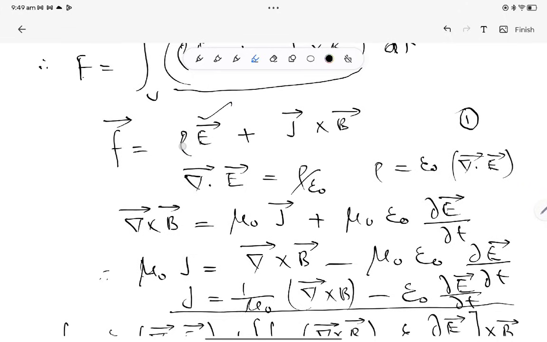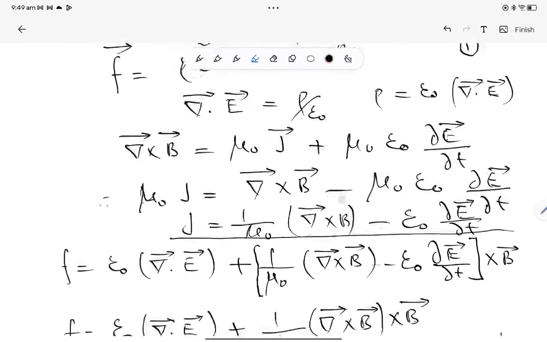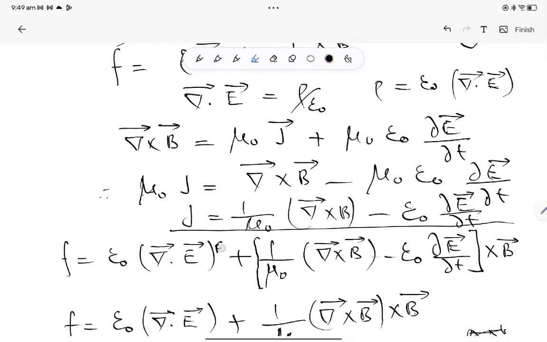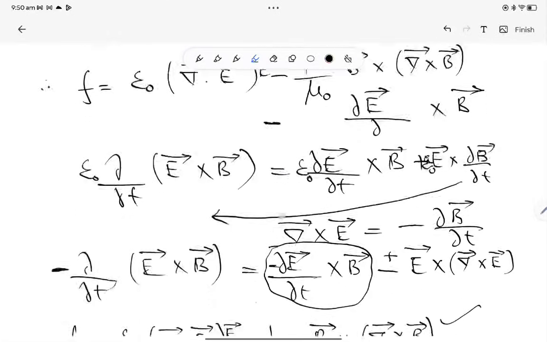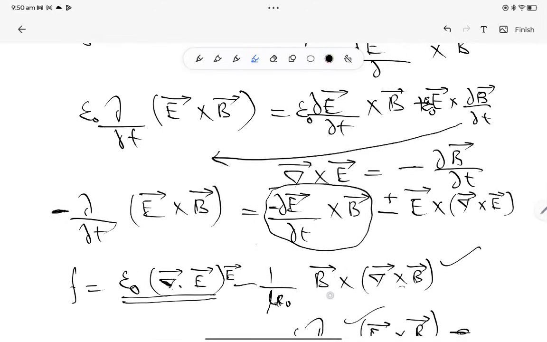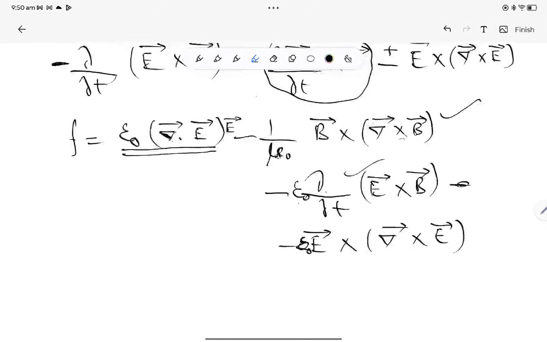You have to substitute in place of rho epsilon naught del dot E, but you must not forget this E, and this is what I had done. I'm sorry for that, and I will correct it here and again here, and here again. Okay, now it is correct.